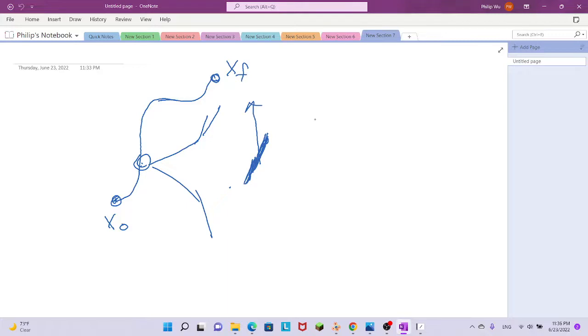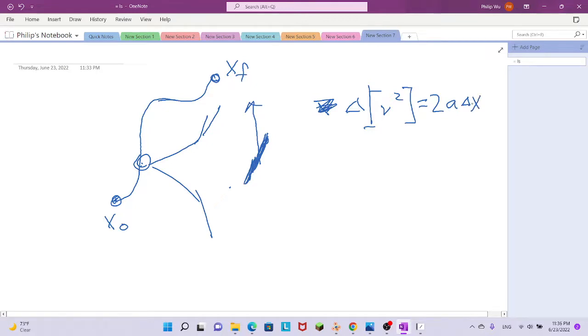So we can say that the change in velocity squared over this very, very small displacement is just 2 times the acceleration times the displacement.